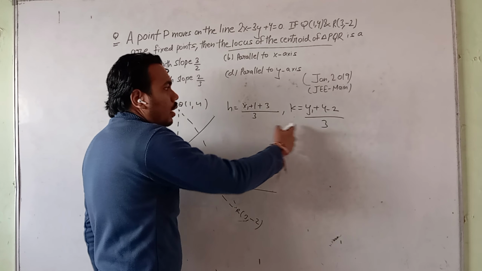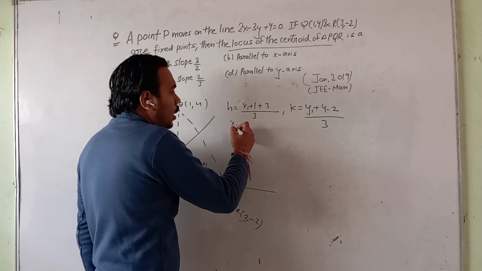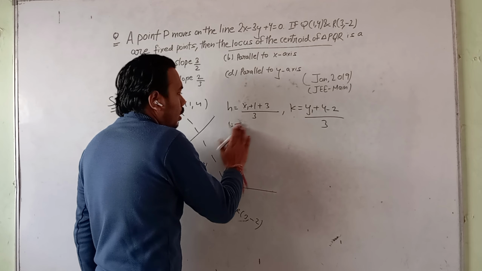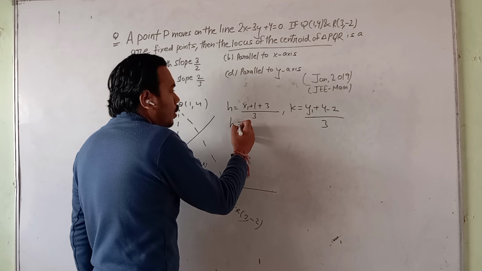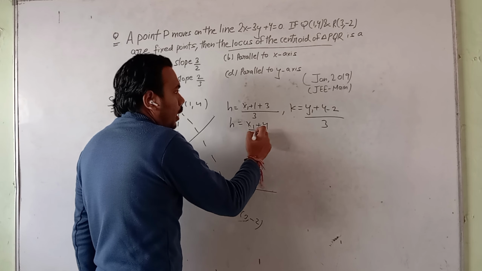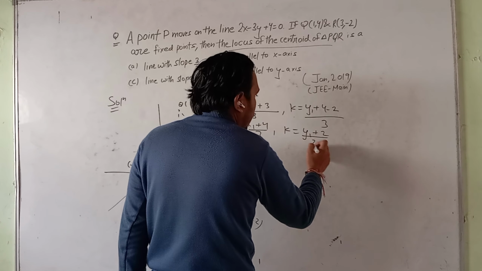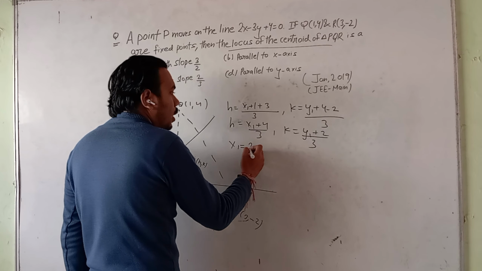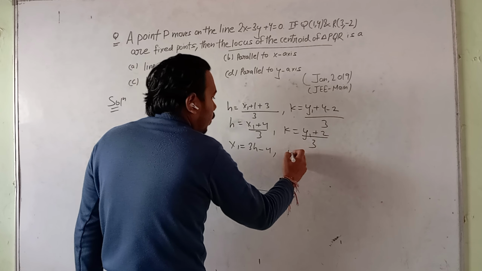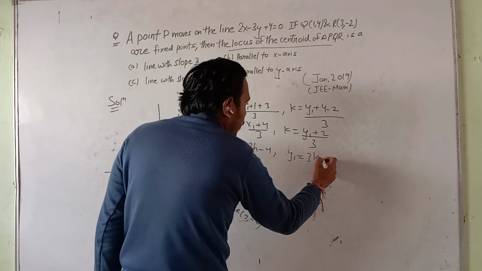From here we can get x1 in terms of h. h would be (x1 plus 4) by 3 and k would be (y1 plus 2) by 3. Here x1 would be 3h minus 4 and y1 would be 3k minus 2.